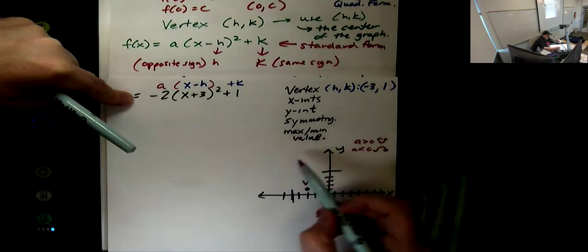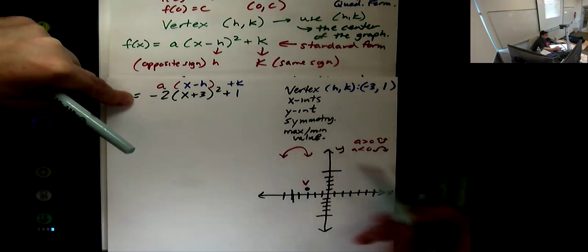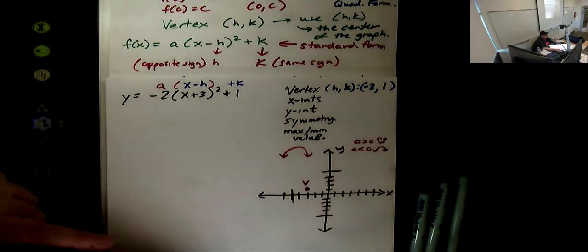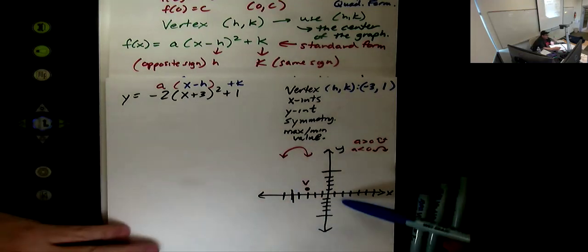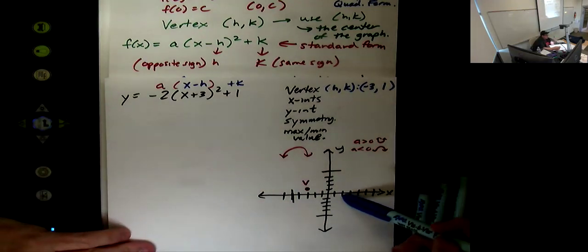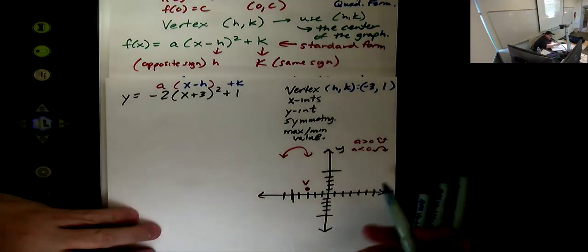So I'm expecting a graph that goes downward. And if we have any x-intercepts, it's kind of got to go downward. Right? Yes. So let's find that.